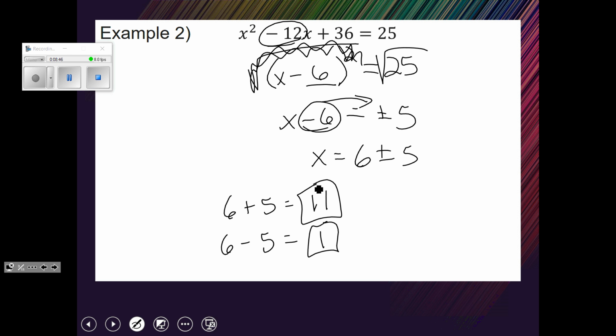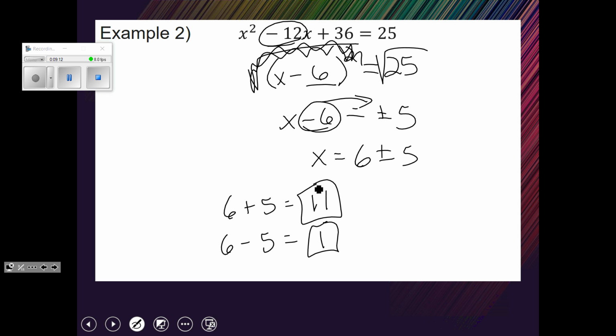Any questions? Yes. Okay, so the question is, can you leave it x equals 6 plus or minus 5? So if it's plus or minus 5i, I would leave it because you can't add the imaginaries with it. If it's x equals 6 plus or minus the square root of 5, I would leave it because it's a radical. You can't add the 6 with a radical.